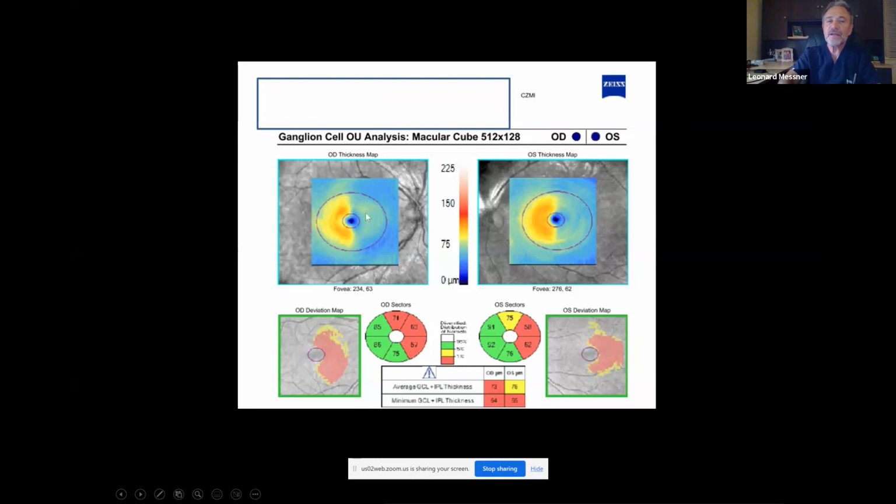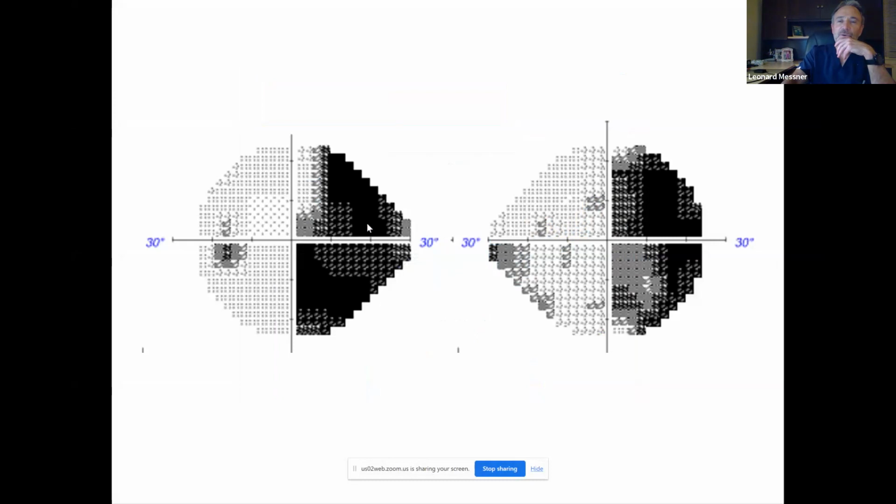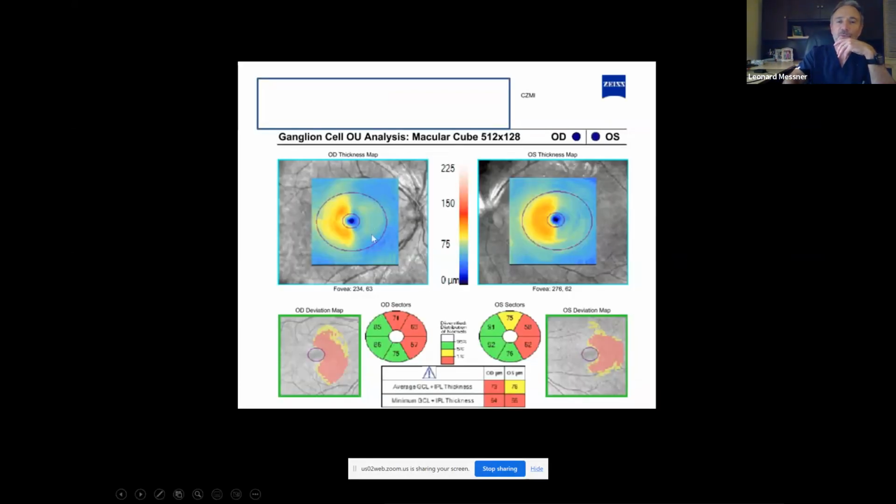And similarly, we have nasal thinning of the ganglion cell complex on the right side. So an easy way of thinking of this is that you get a right homonymous hemianopia that goes along with right homonymous thinning of the ganglion cell complex.